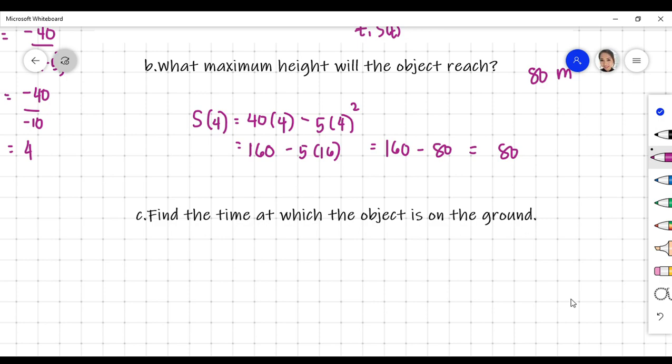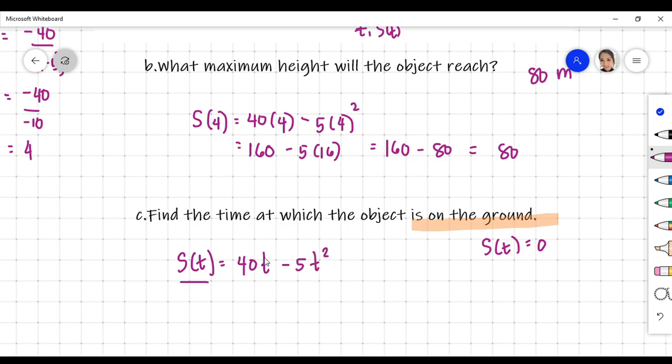C. Find the time at which the object is on the ground. So when the object is on the ground, it tells us that the height of that object is 0, right? So our s of t here is equivalent to 0 because it's on the ground. So writing the function s of t is equal to 40t minus 5t squared.